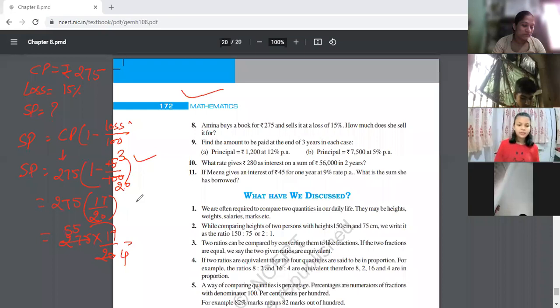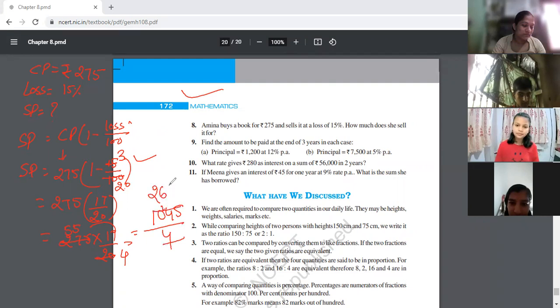1,045. Divide it by 4. 4 twos are 8, 4 sixes are 24, 4 ones are 4.